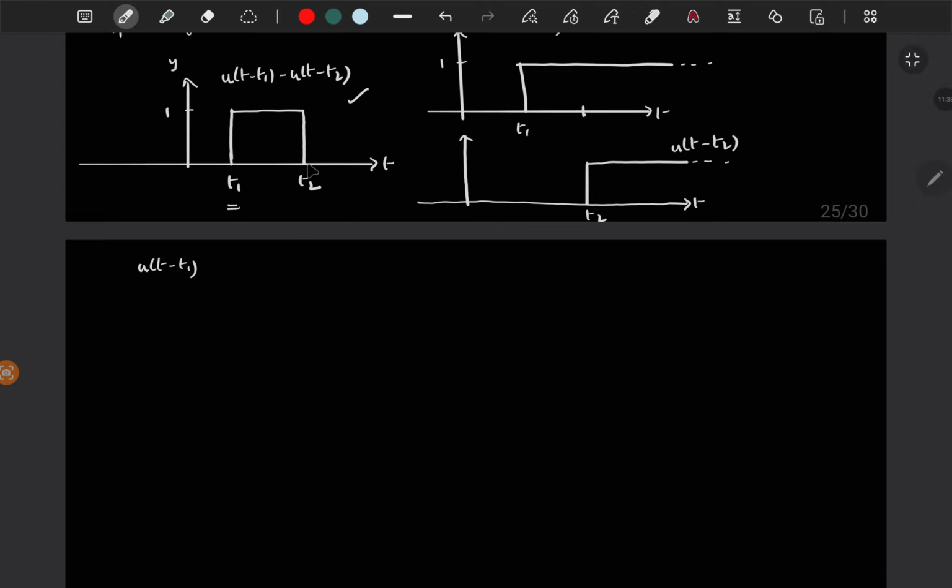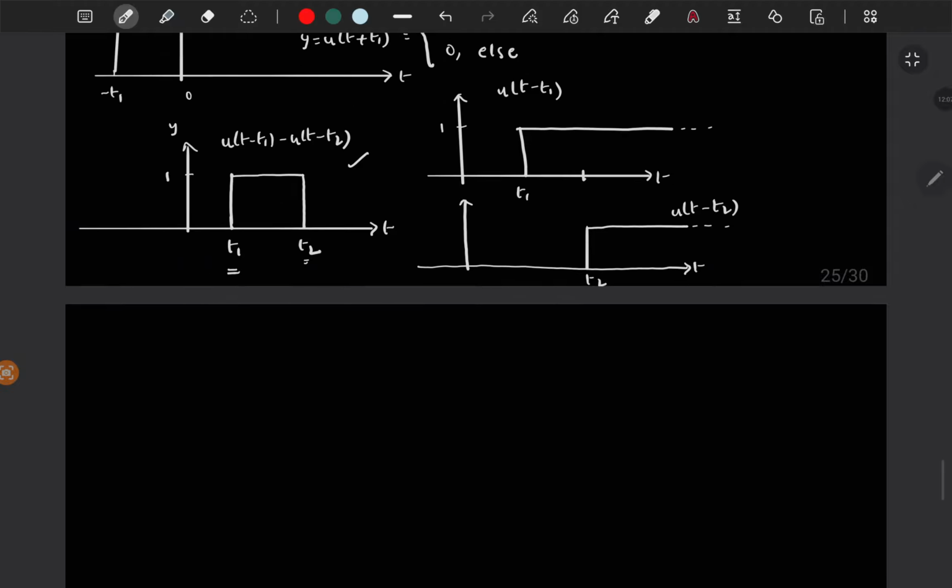At t2 this has to become 0. It means you need to subtract the magnitude from t2. So this is what we are doing there also. Instead of taking separate graphs every time, from this graph only you have to simply write u of t minus t1. So from t2 we are getting 0. It means you have to subtract from t2. So minus u of t minus t2. So this is some way to remember.